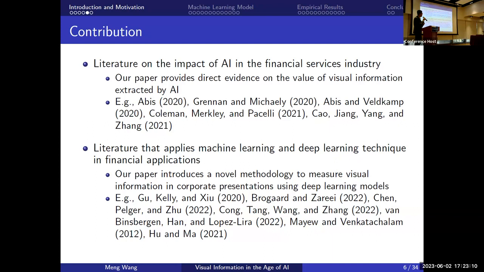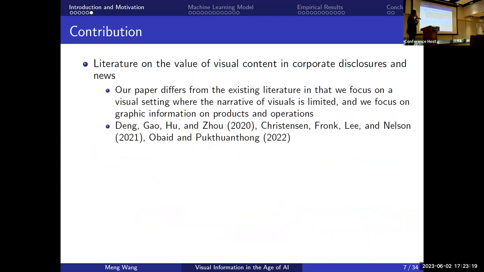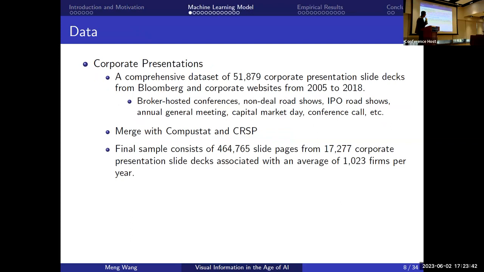Our paper introduces a novel measure of visual information in corporate presentations using deep learning models. Lastly, we contribute to the literature on the value of visual content in corporate disclosures and news. We differ from a couple of recent papers in that we focus on a visual setting where the narrative of visuals is limited, and we focus on graphic information on products and operations.